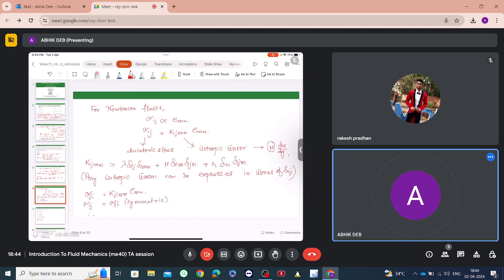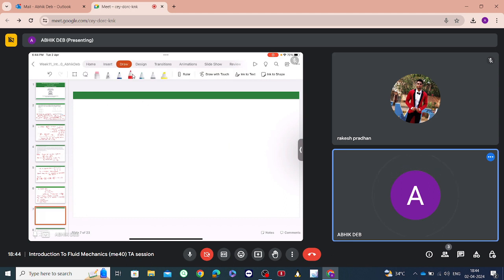Therefore Kijmn is equal to Kjimn. So if we write this and simplify it, we will get the following.